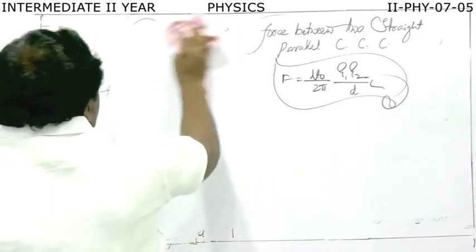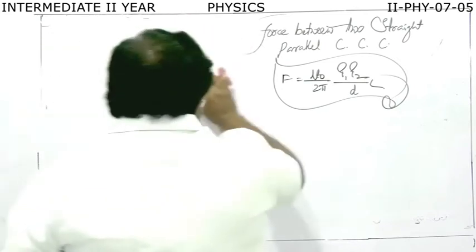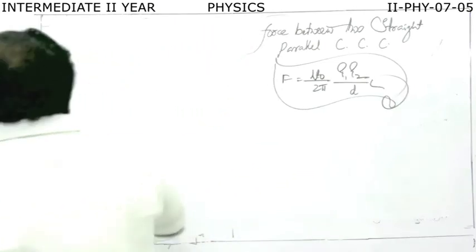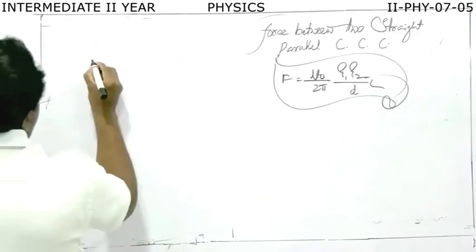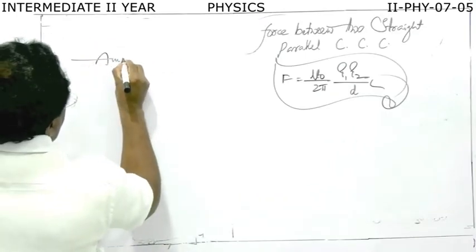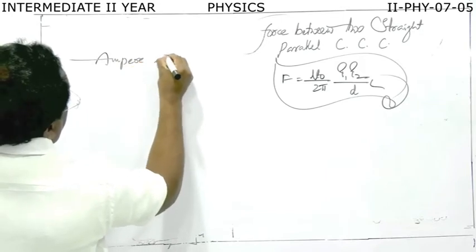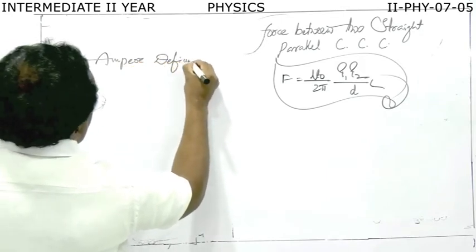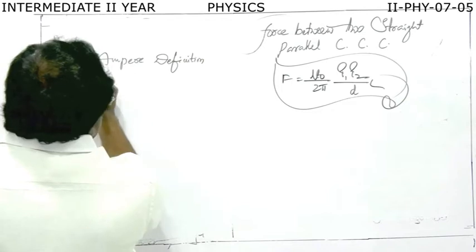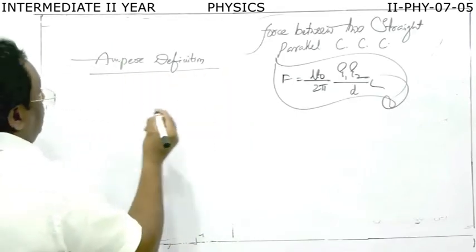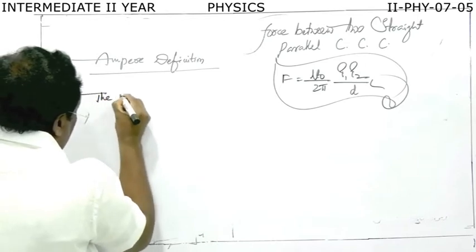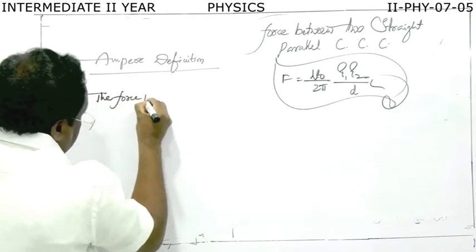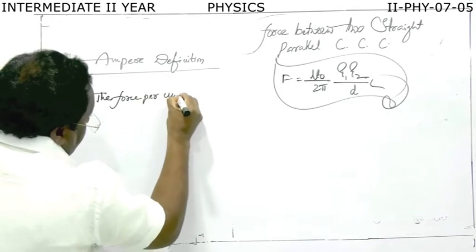Now, the ampere. How much electric current is equal to 1 ampere? If you want to know, you go for the definition. Now you bring L: we take the force per unit length.